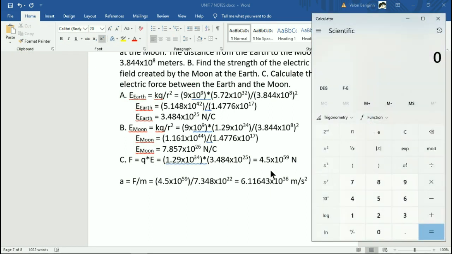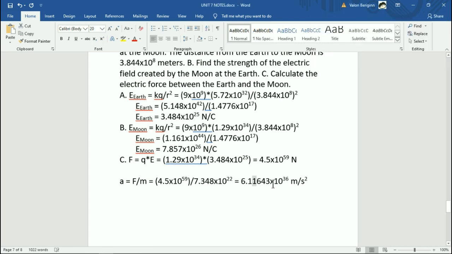Let me just double check this to make sure I'm doing things right. 7.348. Wait. Oh, because it's rounded, right? You know what? Let's just do the rounding. So 6.124. I'll do that. There. Anyway, that's our acceleration of the Moon.